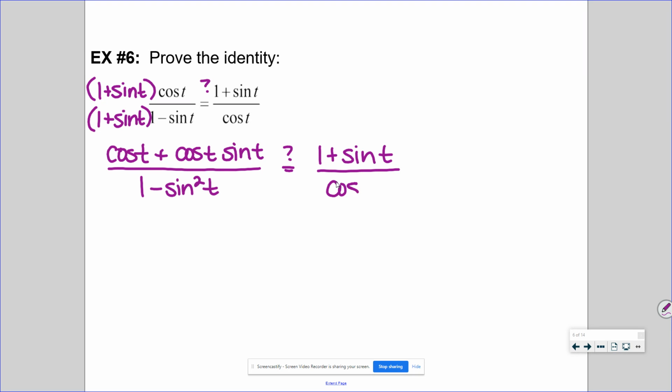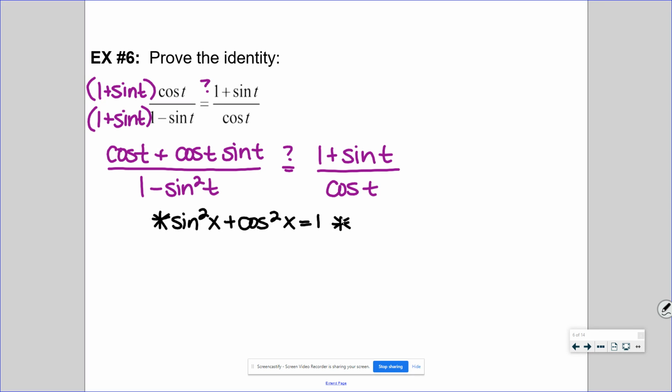Okay, so it just gives me more things that I can work with. I think I'm going to go back to the denominator now and try to figure out if I can do something with the squared term. Anytime you see a squared, usually we want to try to get the Pythagorean identities involved.